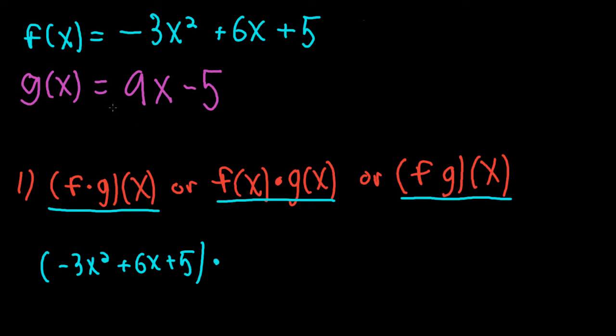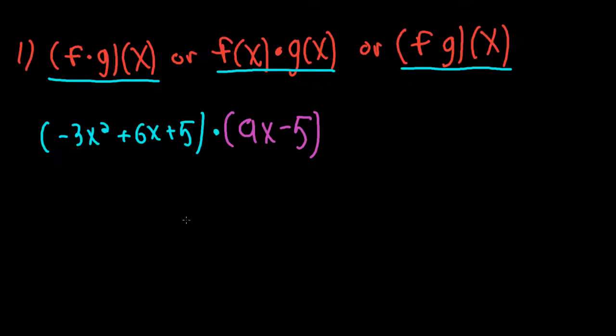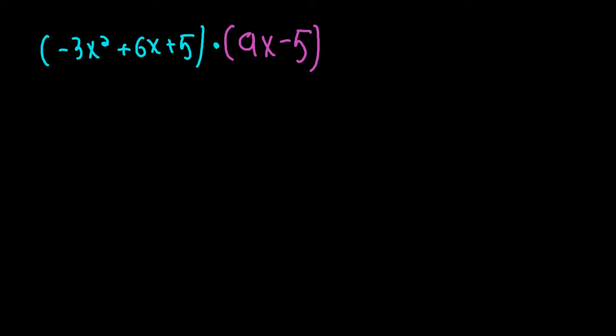And we're multiplying that with g of x, which of course is equal to 9x minus 5. Alright, now that we have that written out, we can get started. So doing this method, you can use the box method. I'll be using the distributive method, and we'll start by doing negative 3x squared and distributing it to 9x.